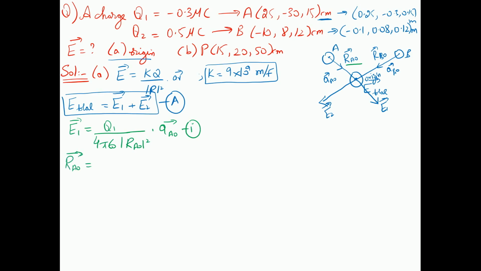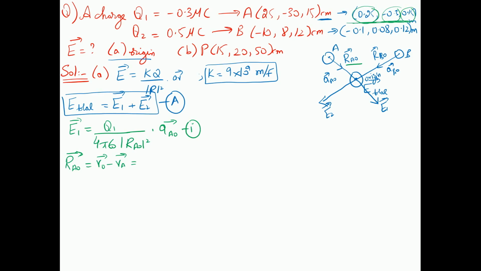R_AO is the distance from A to origin, and we know the coordinates for A. So we can write its vector representation, which comes out to be R of origin minus R of A. You basically subtract 0.25 from the origin, then 0.3, and 0.15.